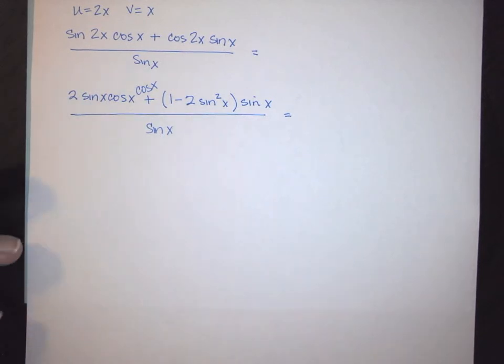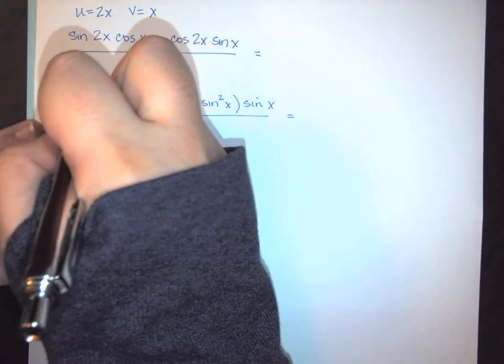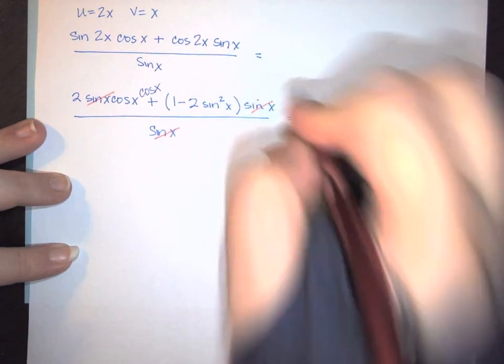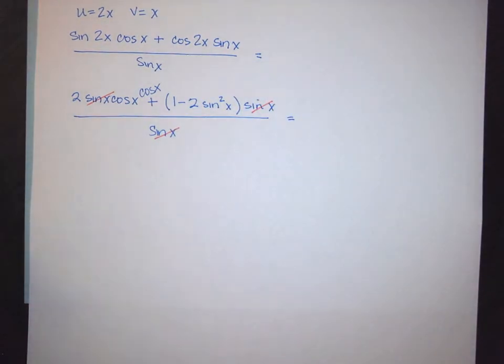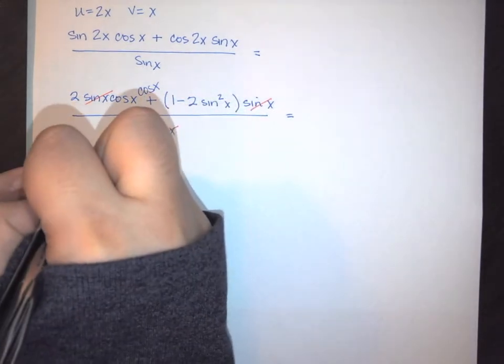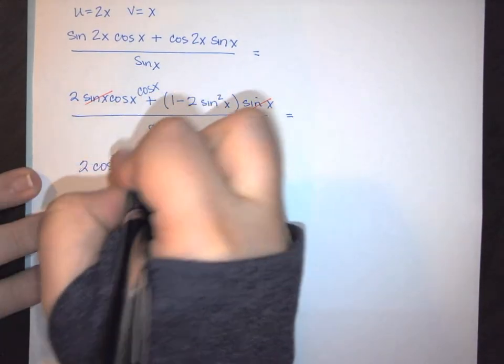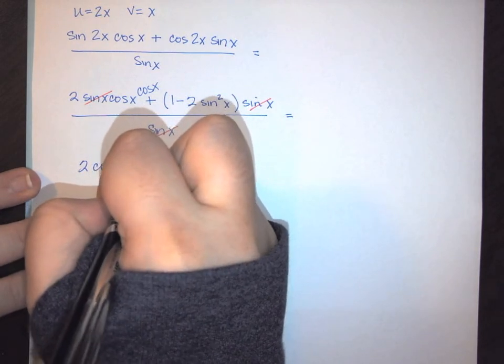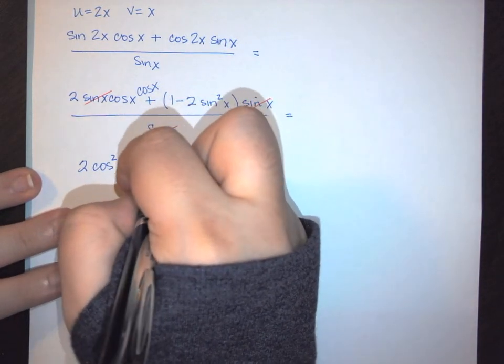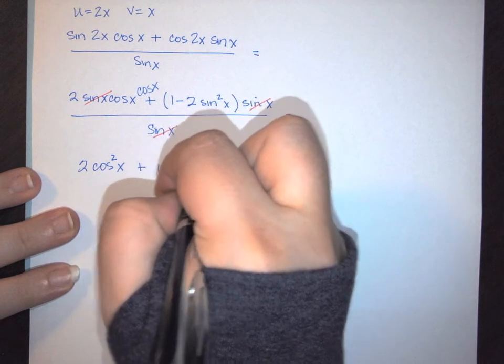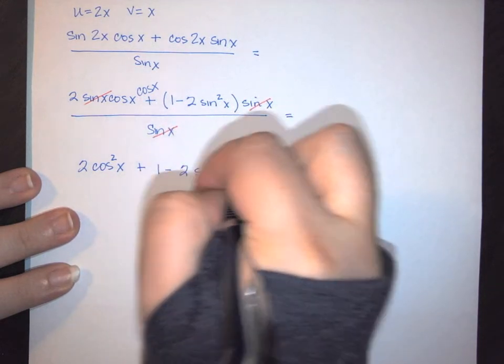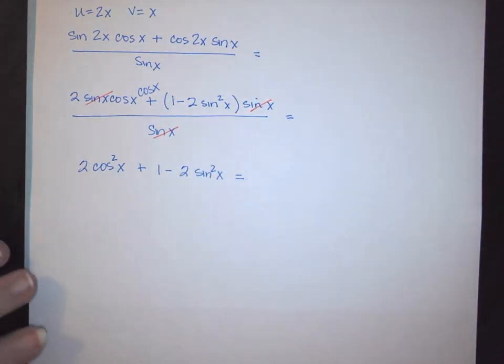So one of the things I know with fractions is that I can cancel these out by pulling the sine out to the outside and then getting rid of it. So this is going to leave behind 2 cosine squared of x plus 1 minus 2 sine squared of x, and again I'm hoping that that equals what I want.